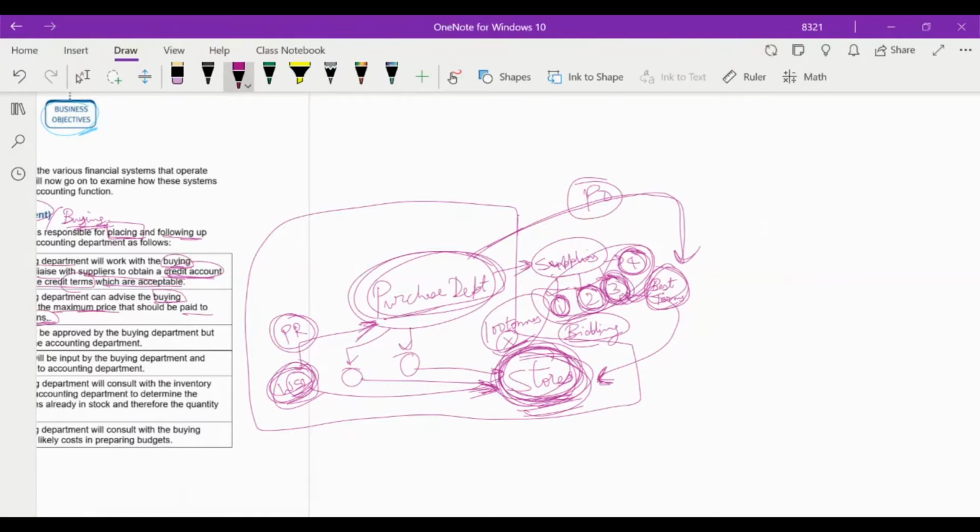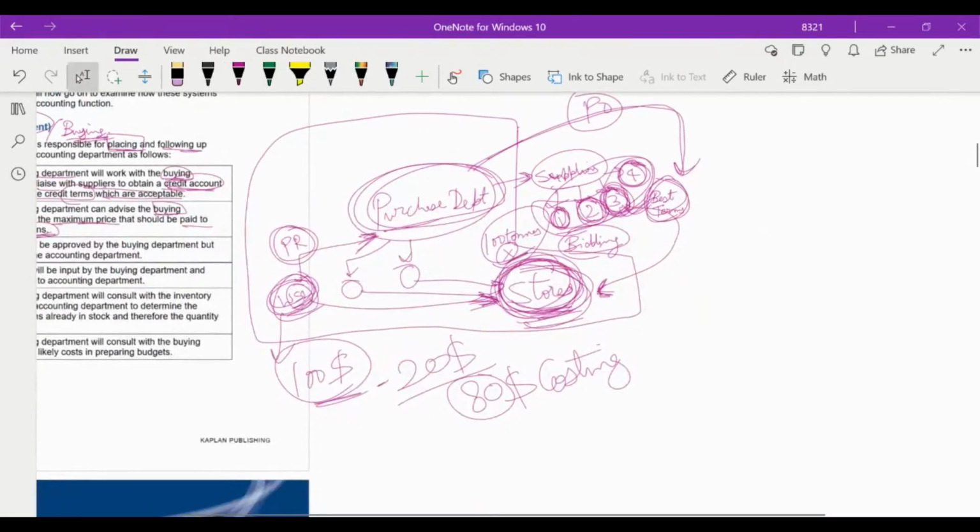For example, whatever workstation number 1 produces is sold in the market for $100. Now, anything which is sold for $100, if we remove the profit out of it, let's say $20 is a profit, that means whatever we produce is costing us $80.